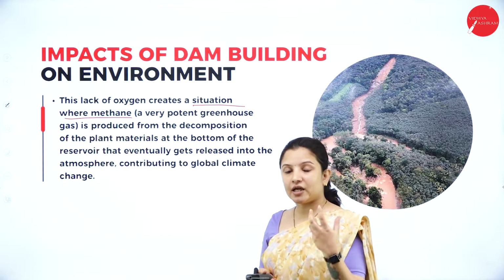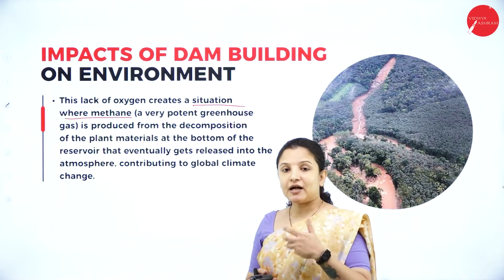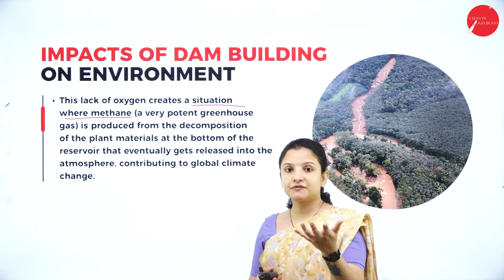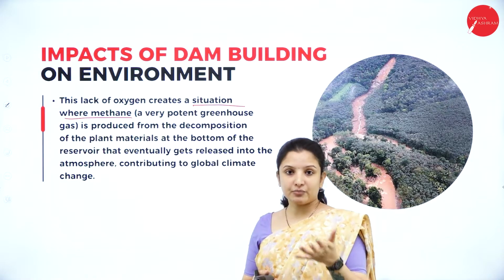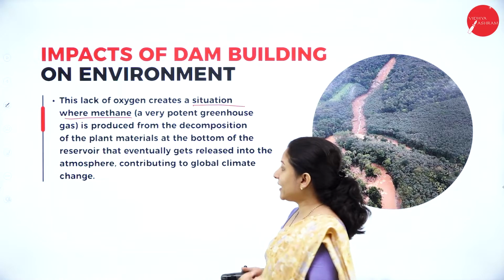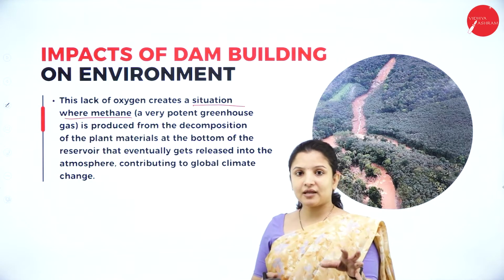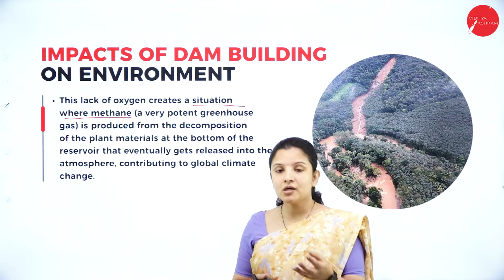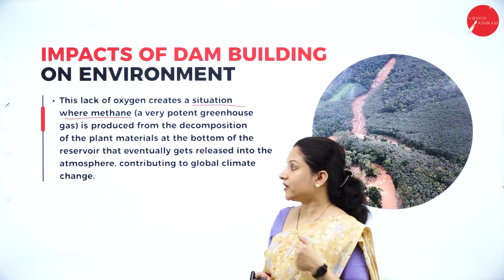The dead and decaying matter that is there will start to release methane. That methane can escape into the atmosphere, and methane is also one of the important greenhouse gases, therefore causing accumulation of greenhouse gases. And not just that, if methane gets released into the water also, it poses a threat to the aquatic organisms living in the water.